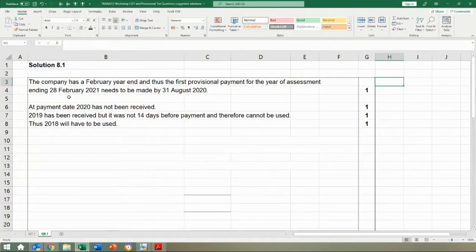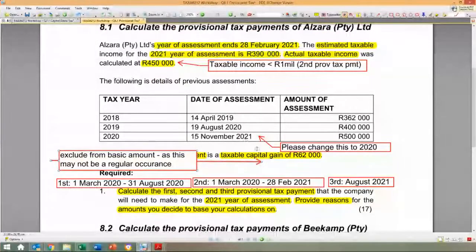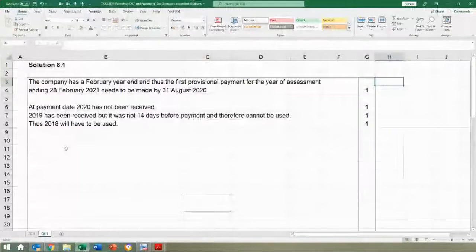At payment date, the 2020 tax return has not been received as yet, as we can see. We have submitted the 2019 one, but it is not older than 14 days prior to our payment date.